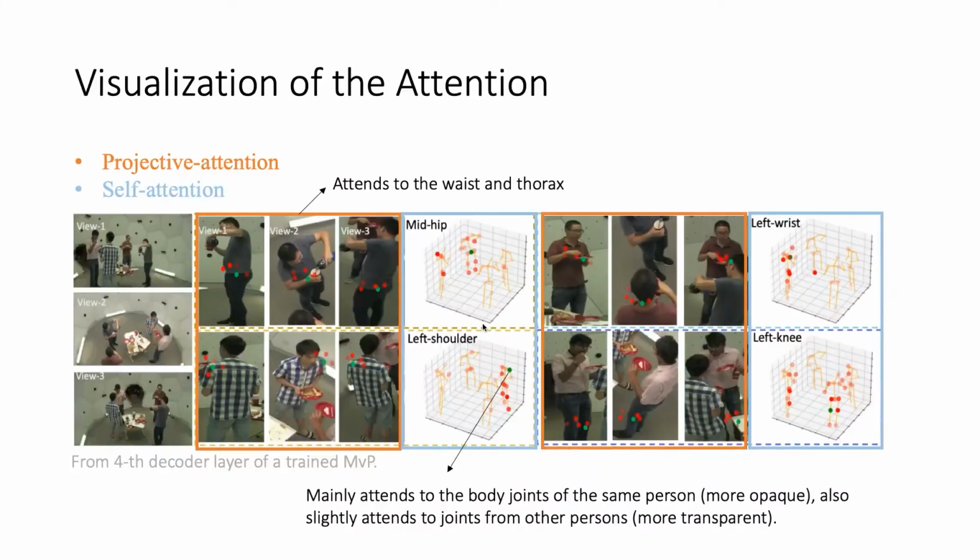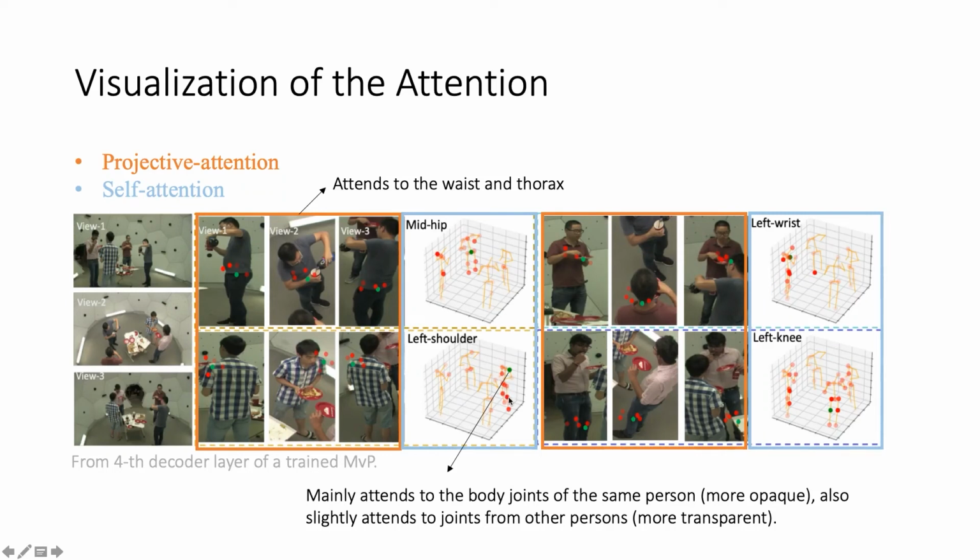We also visualize the projective attention and self-attention. We observe the projective attention attends to the surrounding area of the target joint. For example, the projective attention on the middle hip attends to the waist and thorax across the different camera views. For the self-attention, we use more opaque color to represent stronger attention.